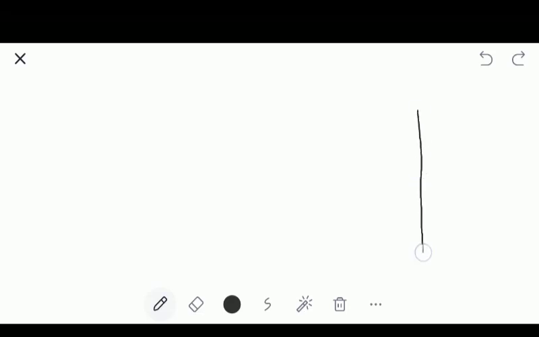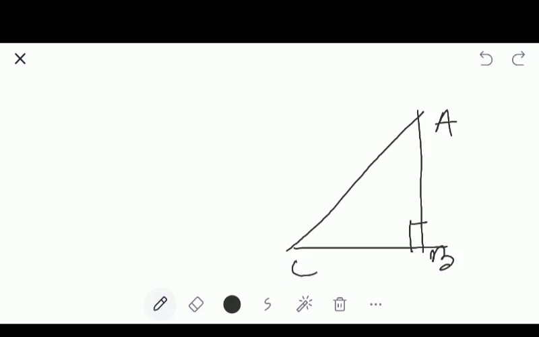Now there is a right angle triangle, and the vertices are named A, B and C, right? There is an angle of theta, and we can see that angle B is equal to 90 degrees. In trigonometry, at first we have to recognize the three sides of a right angle triangle.